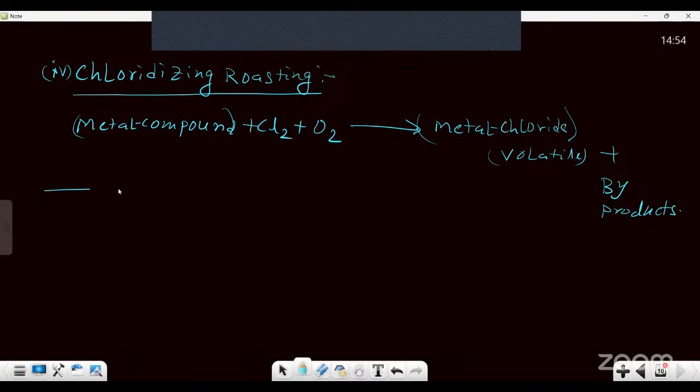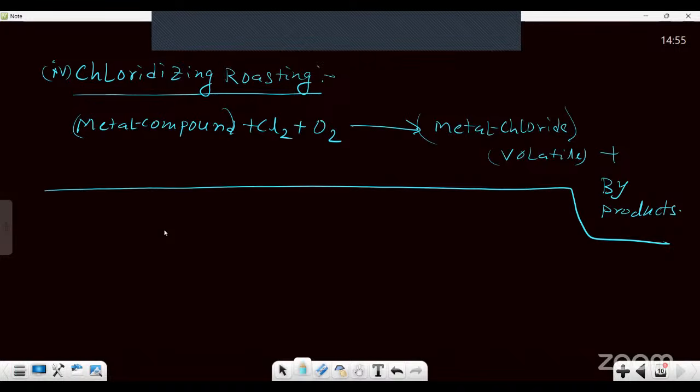So this is the main funda. Now, the objectives are to convert the metal oxides or sulfides into volatile chlorides, and to separate the valuable metals from impurities. So these are the objectives.